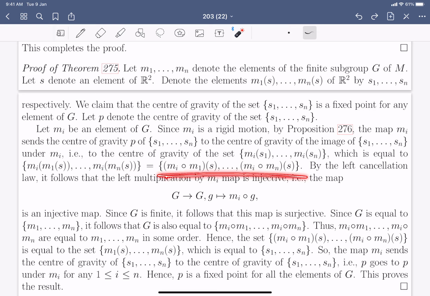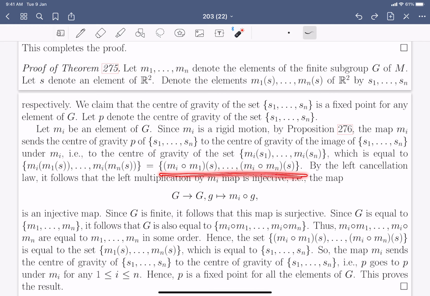So here you are looking at the center of gravity of the images of this point S under the maps Mi composed with M1, Mi composed with M2, till Mi composed with Mn. But these are elements of the group G, and this list of elements is equal to M1, M2, up to Mn in some order, by the left cancellation law.